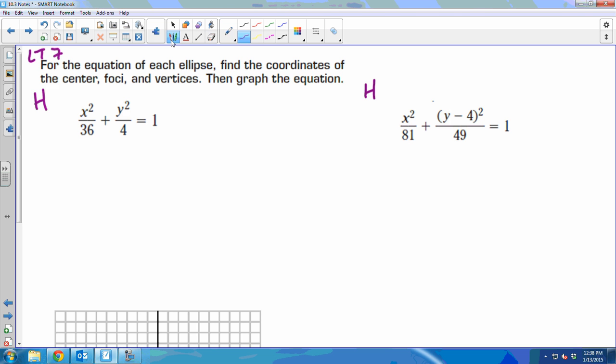The larger denominator is also always a squared. So for the first example, which number is a squared? 36, which makes 4 b squared. On the second equation, 81 is a squared and 49 is b squared.